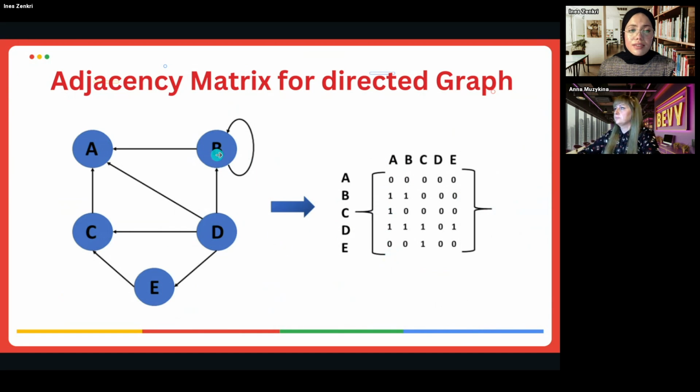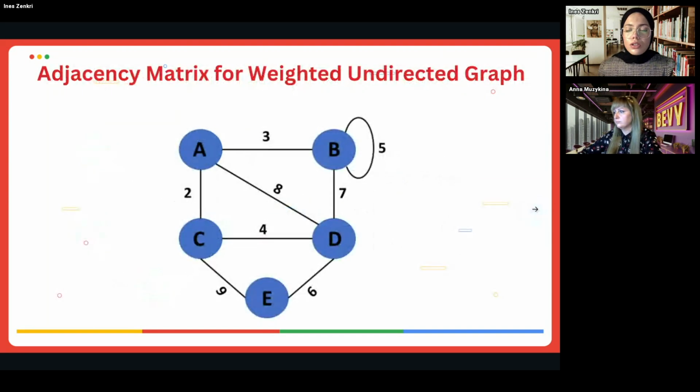And here, since BA is not the same as AB, if we check AB, we find it as 0 right here. And if we check BA, it's 1.